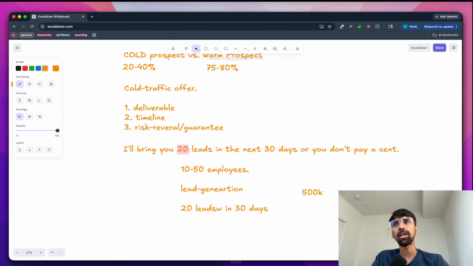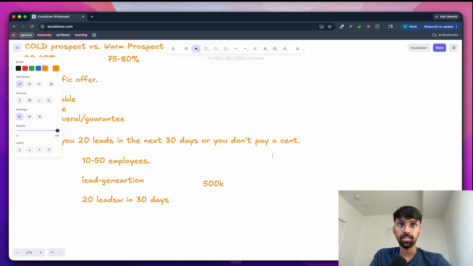In 20 leads, maybe they'll be able to close four clients at a 20% close rate, right? So 20 leads in 30 days sounds good. But if you're reaching out to, for example, 200-plus employee companies, and you're still selling lead generation, these people will have a revenue of at least 10 million plus. This will probably be 15, 20 million.